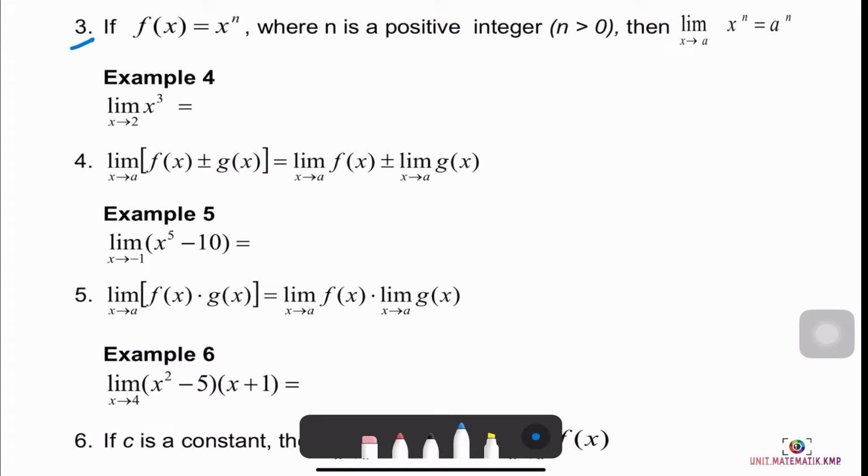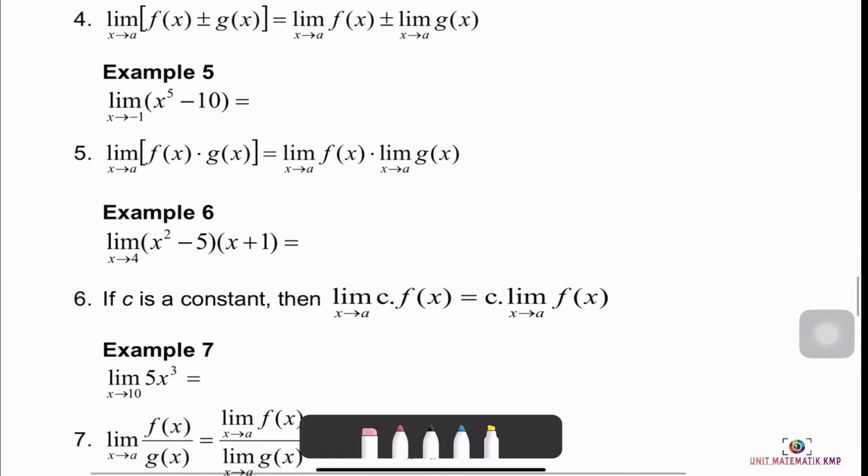So we have example 4 here. We have limit x to the power of 3 when x approaches 2. How do we solve this one? Here we have 2 to the power of 3, and this one is 8. That is example 4.